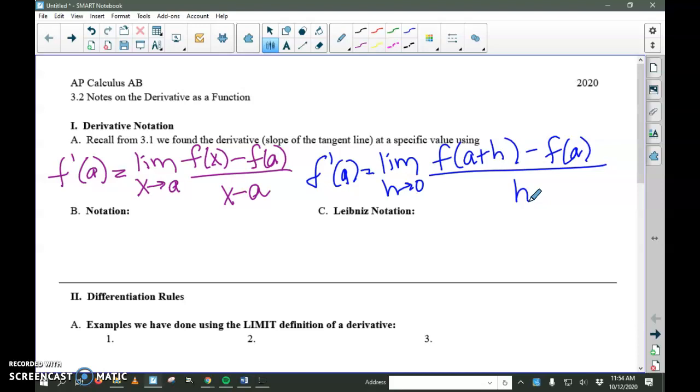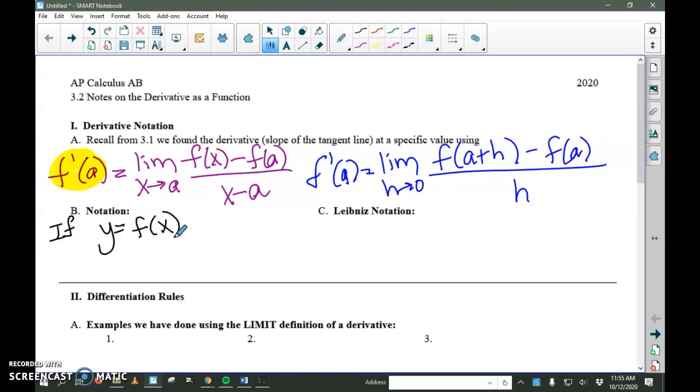Okay, and so some notational things. We've talked about this notation of f prime of A, but we haven't talked about anything beyond that in terms of notation that would represent a derivative. And so there are a couple other ways to represent a derivative. So let's say that I have that y is equal to f of x. I could have y equals a function instead of naming the function f of x or g of x or h of x.